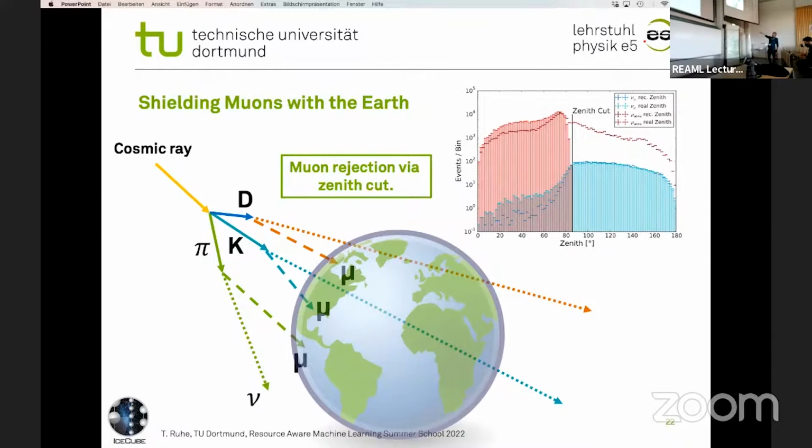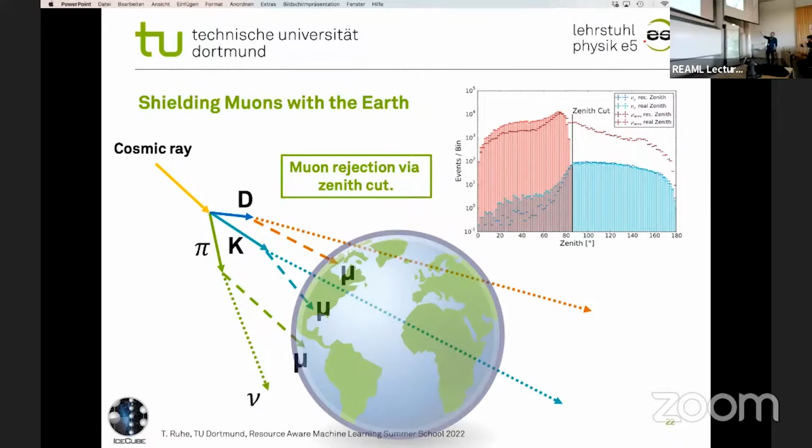You can place the cut slightly towards 86 or so. This has to do with the fact that if you look at an angle of 86 degrees, it's slightly above the horizon, so you increase your sensitivity for the neutrinos, but all the high energy muons are very likely to just range out. So you're not going to see any muons anymore.